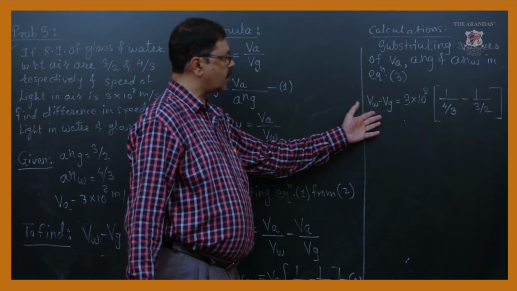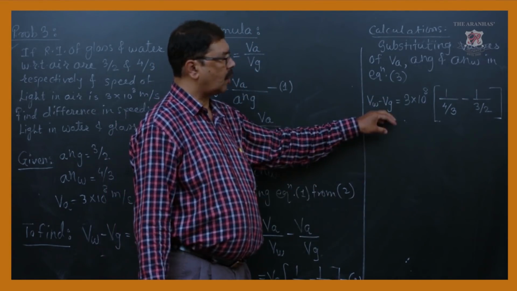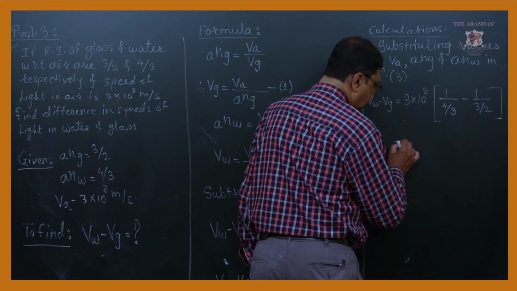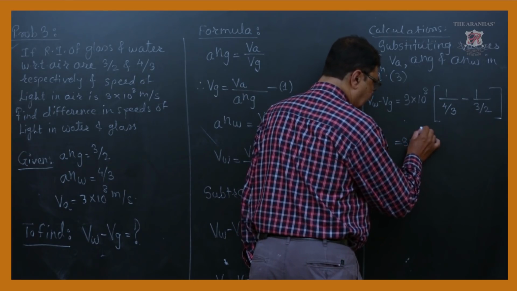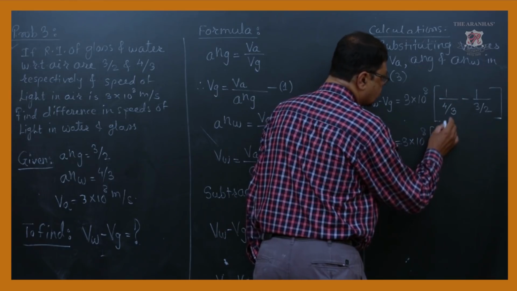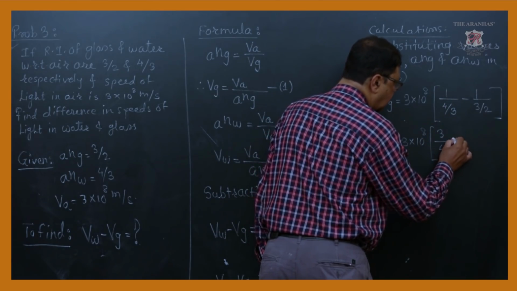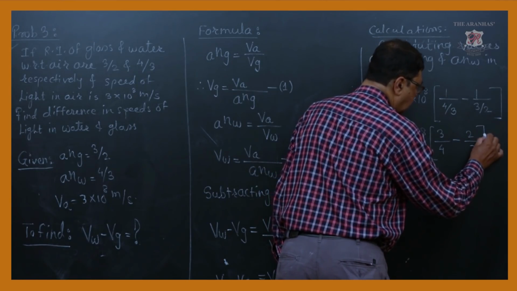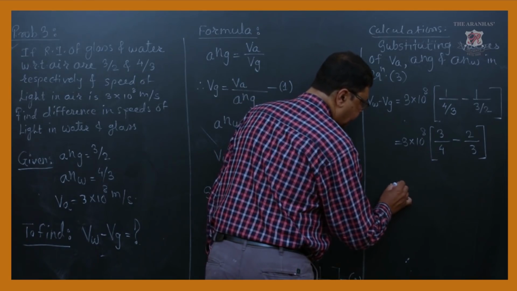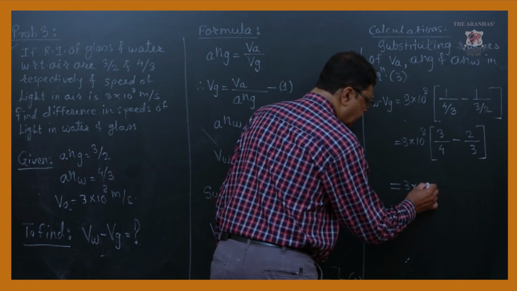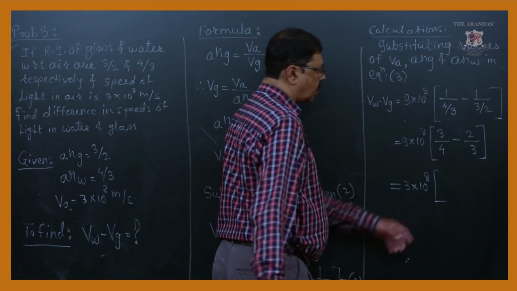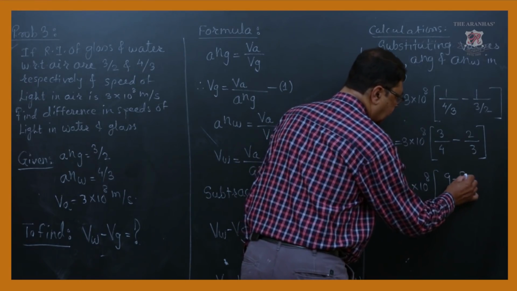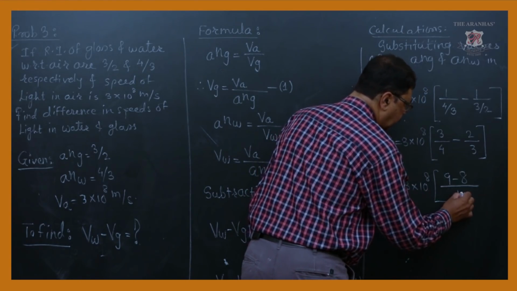Now it is simple calculation because you have generated the formula, you have substituted the values. Now we can manipulate the bracket first. 3 into 10 raised to 8 as it is. This 3 goes up. This 2 goes up. Take the LCM. 3 3s are 9, minus 4 2s are 8, upon 4 into 3, 12.